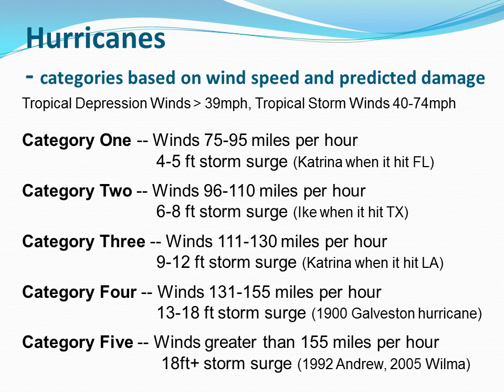So Category 4 is wind speeds of 131 to 155 miles per hour with 13 to 18 foot storm surge. In 1900, there was a huge hurricane that hit Galveston, Texas. That's a historical event. There are a lot of good books on it if you're interested.